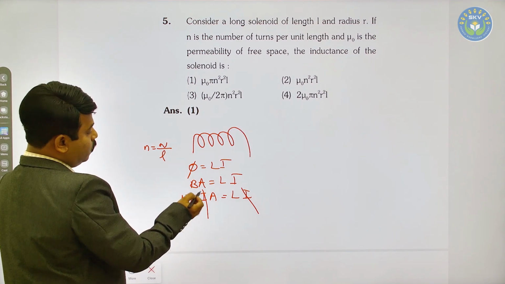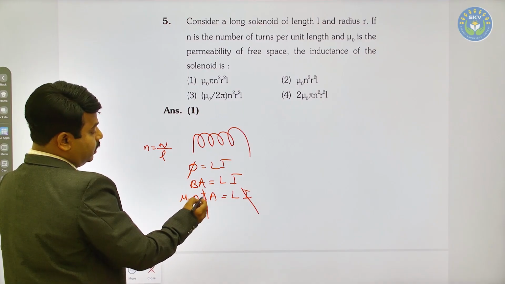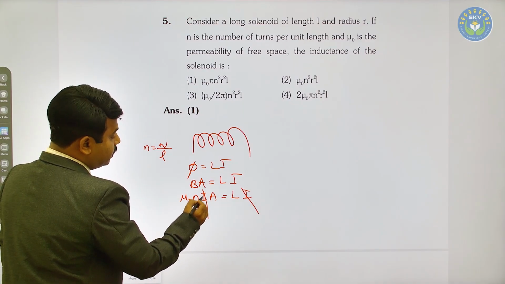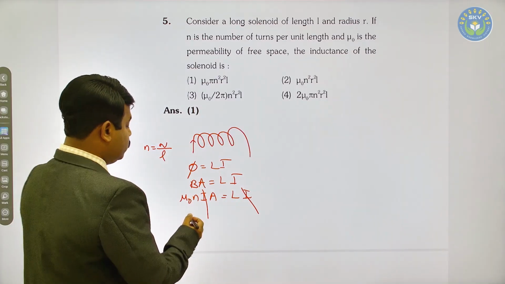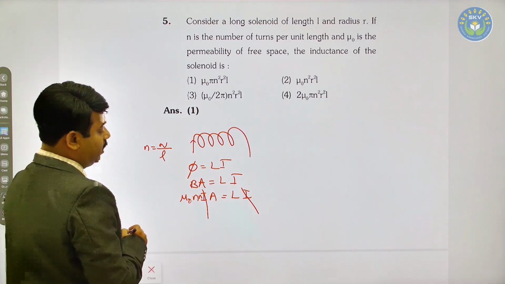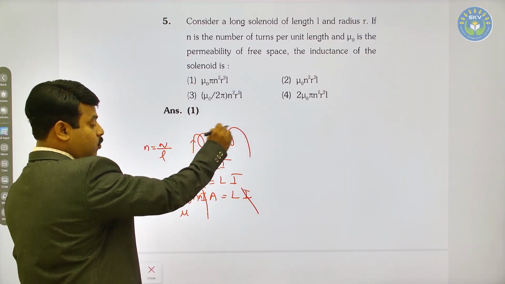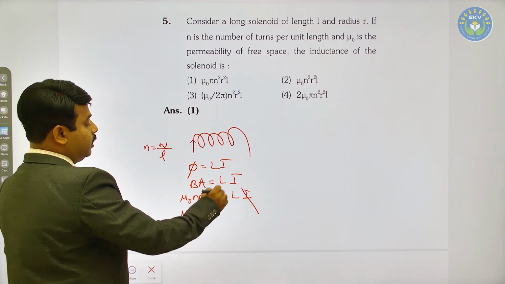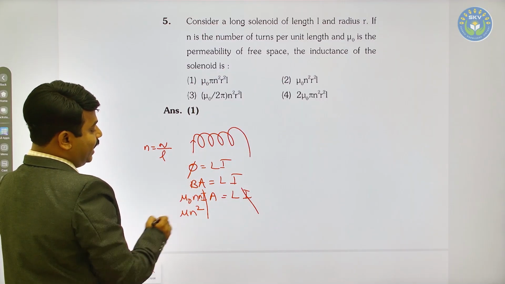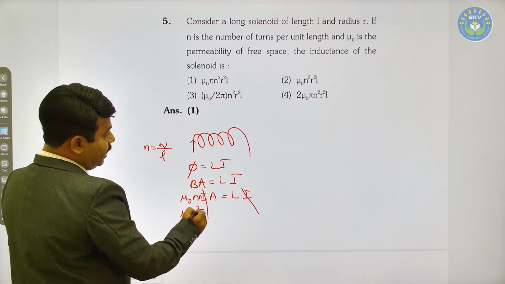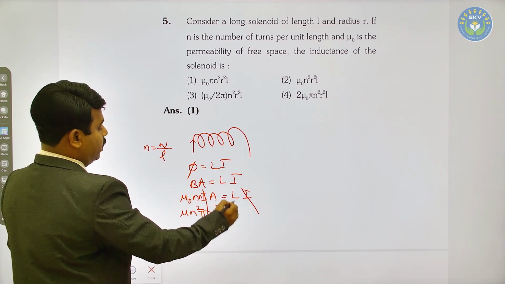The total current we have to write as Ni, because each turn encloses the current I. So before cancelling, another N comes here, that Ni is the net enclosed current in the solenoid. Then I cancel, then mu 0 N square. What is A? A is equal to pi R square.